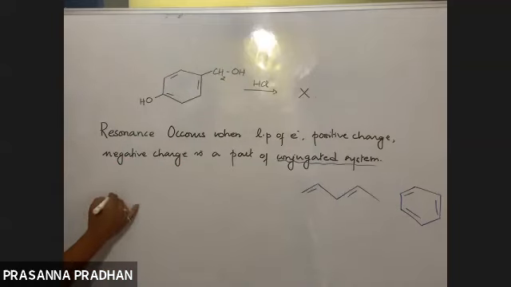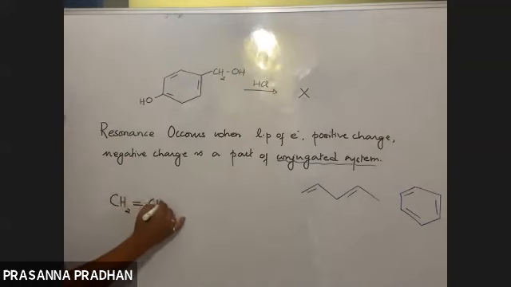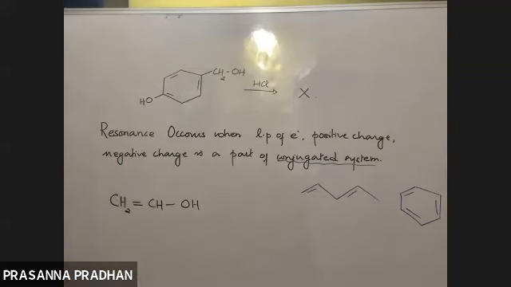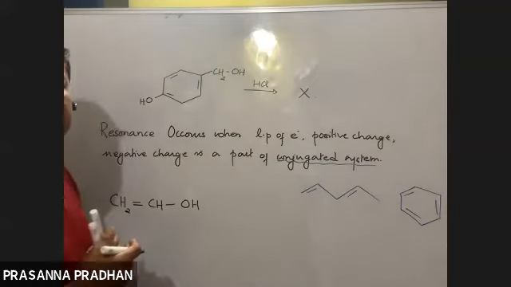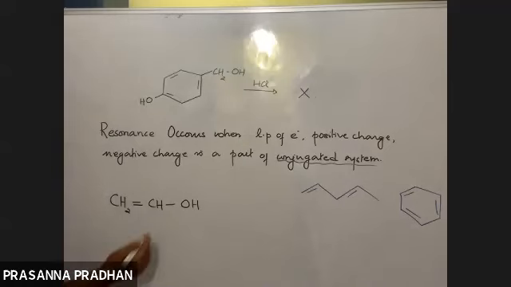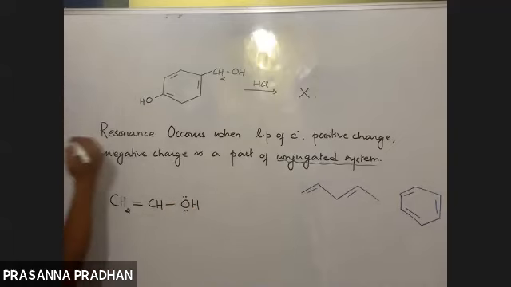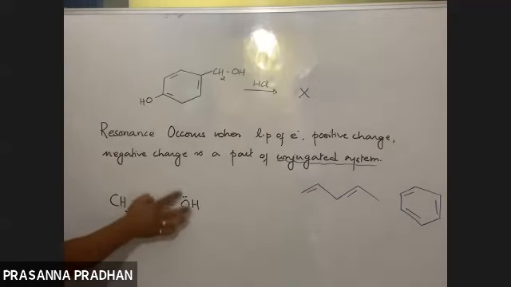Say suppose I have this compound, CH2=CH-OH. Now oxygen belongs to group 16, which means there are 6 electrons in the outermost shell. Out of the 6 electrons, one is used in bonding here, the other is used here. So 4 electrons means 2 lone pairs.